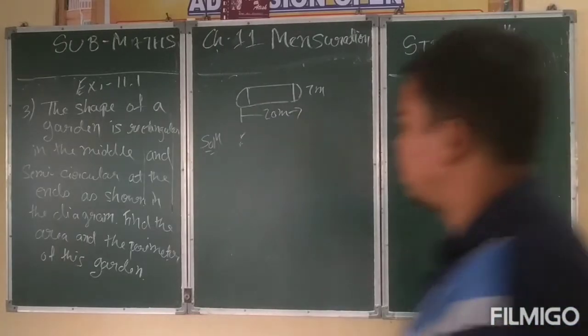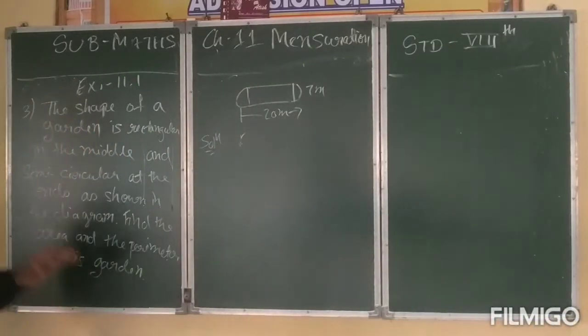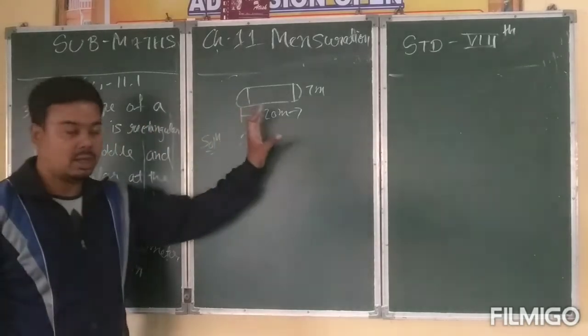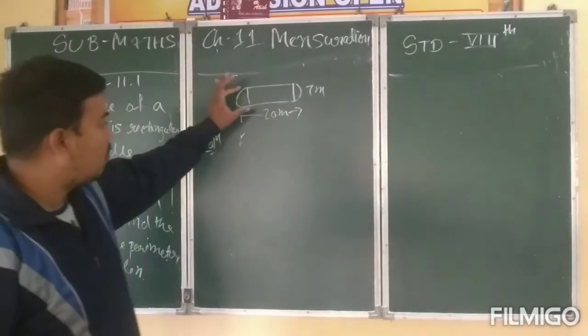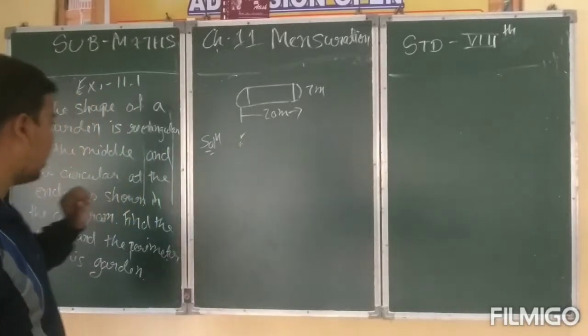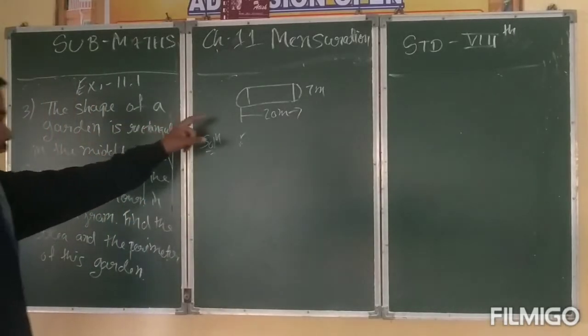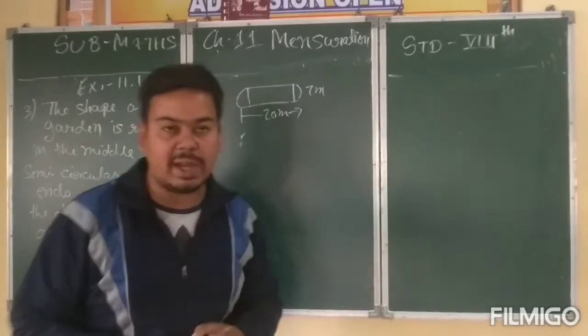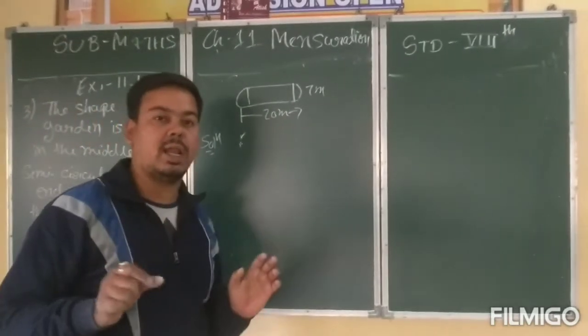This is our third question. The shape of a garden is rectangular in the middle. The middle portion is a rectangular field and the two end portions are semicircular. If you join the two semicircles, they make one circle.